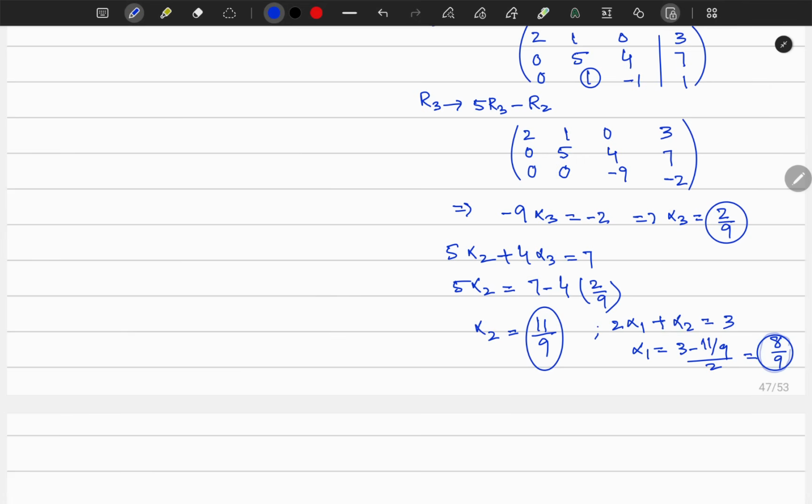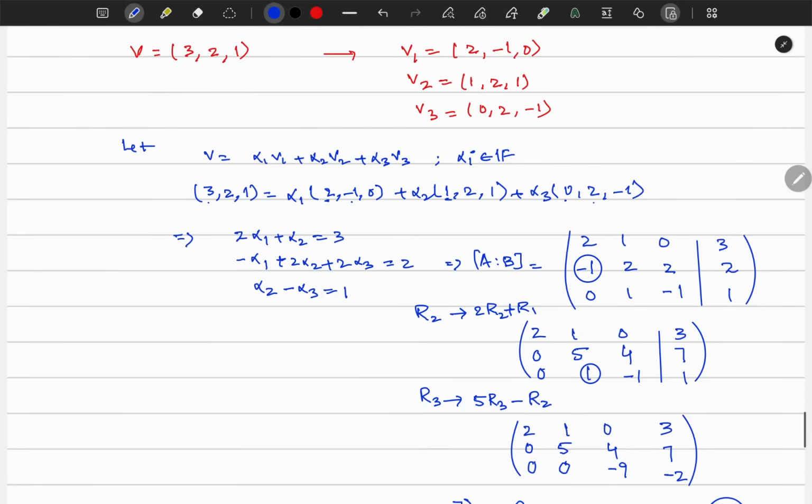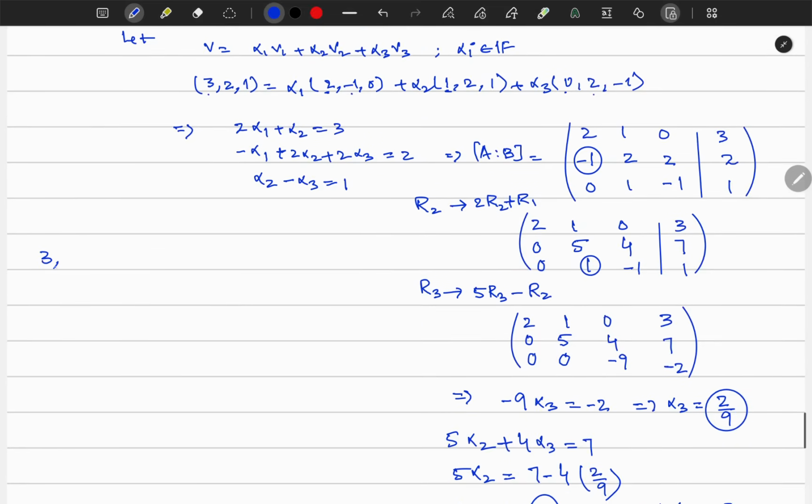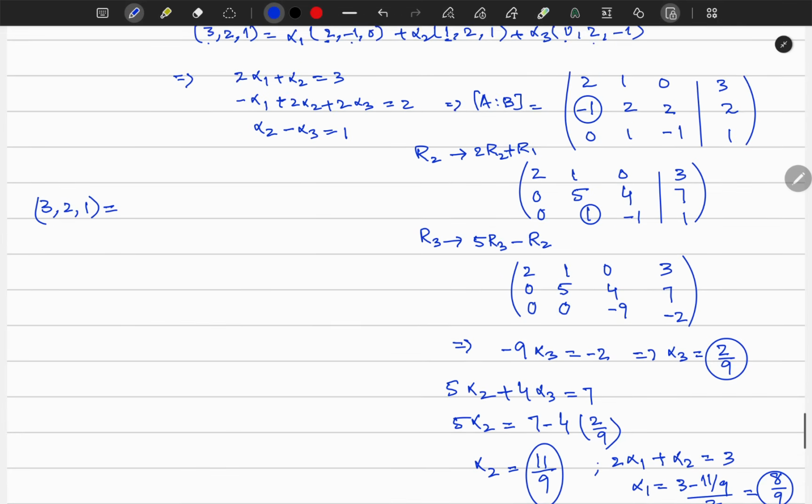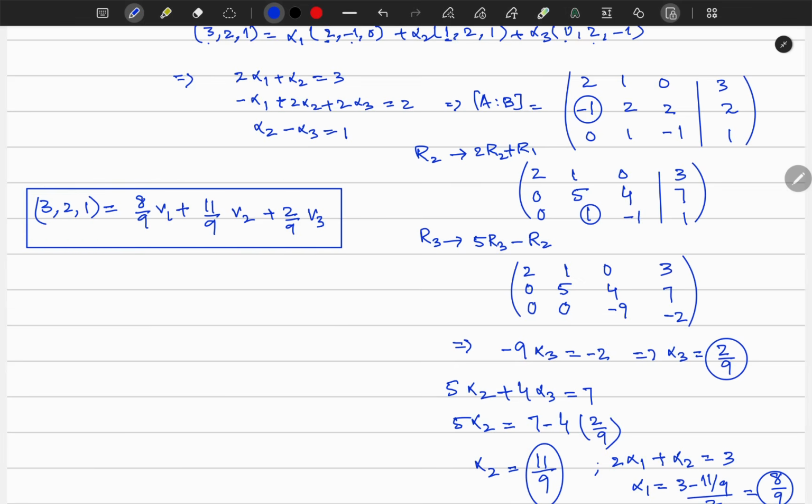So it means that your given vector v, that is (3, 2, 1), can be written as 8 by 9 v1 plus 11 by 9 v2 plus 2 by 9 v3. So this is the linear combination of the given vectors.